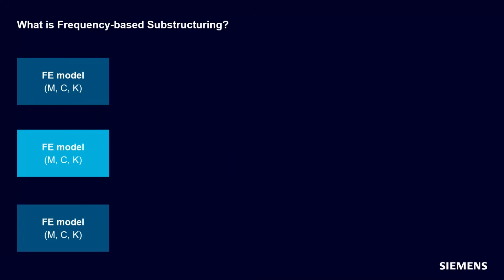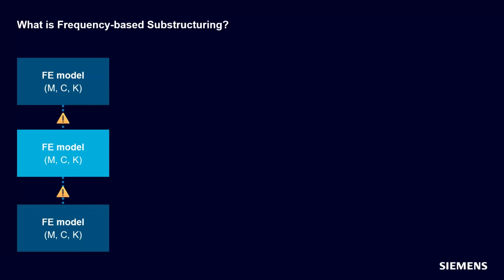And each of these models has hundreds of thousands, if not a million nodes, and very discretely defined mass, stiffness, and damping matrices for all of those elements in those models. This is great for predictive work with any one of these models. The problem comes in if we were to try to assemble these models, put, let's say, a subframe into a car body and see how those two models interact together. It becomes prohibitively computationally intensive.